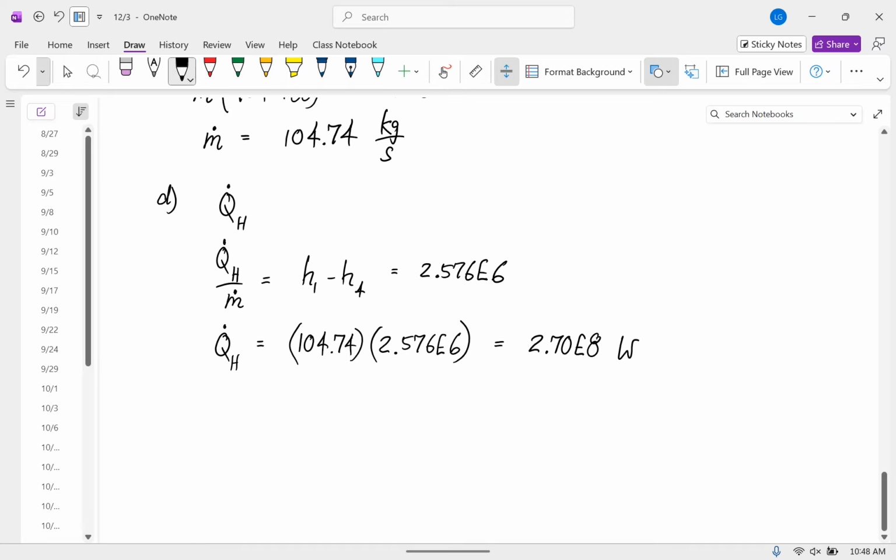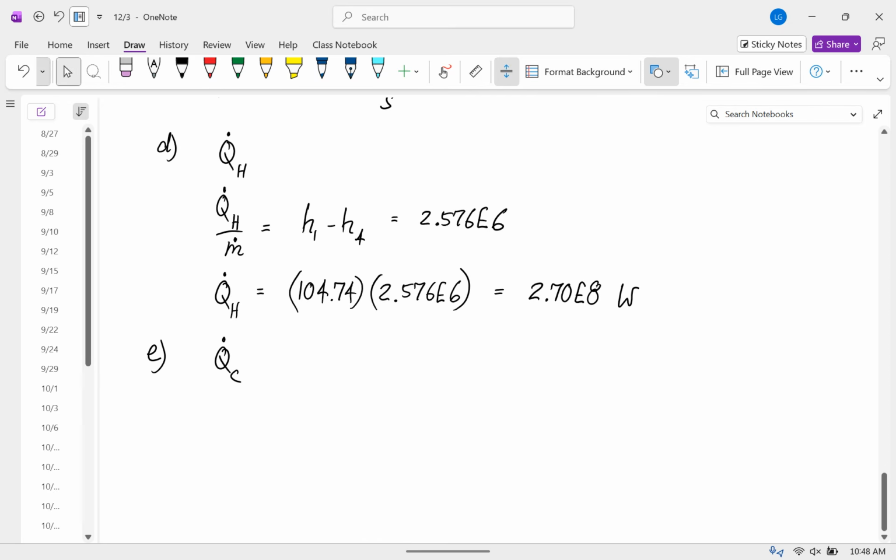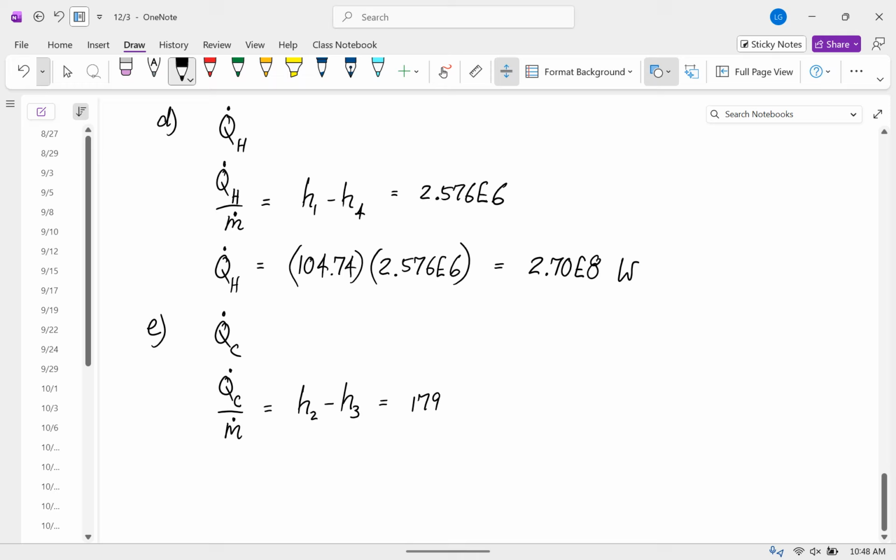And then last, we want to figure out the rate of heat leaving the working fluid at the condenser. So this is QC dot. We know that QC dot over M dot is H2 minus H3. And that is 1795 times 10 to the third minus 173.88 times 10 to the third.